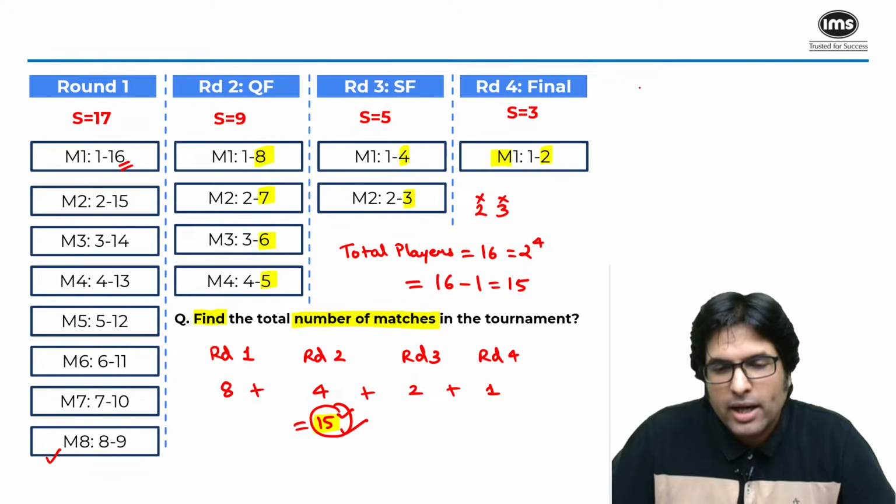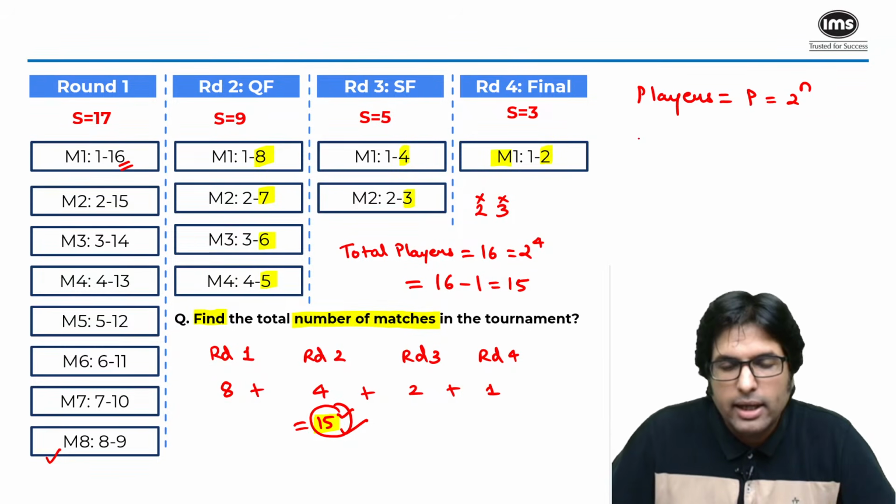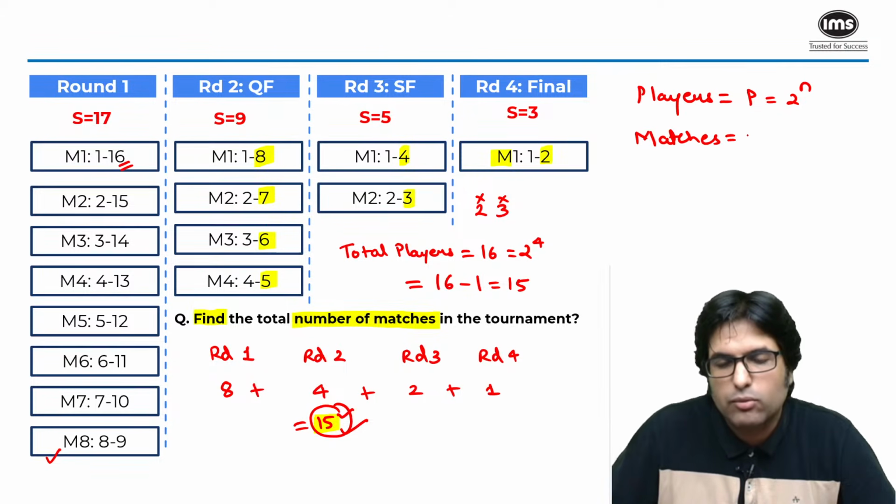And therefore to generalize this as a formula, if total number of players are given as let's say P, which in turn is equal to 2 to the power n, then the number of matches would always be players minus 1.